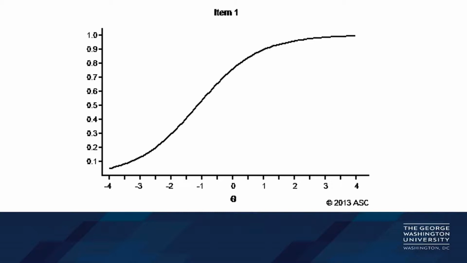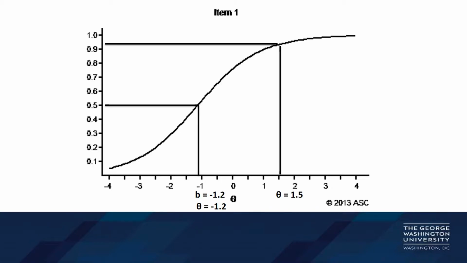This is an item that was pulled from an analysis. We see that the item, the 50% chance of getting that item correct, is at negative 1.2. If we have a theta of negative 1.2, we would be located at the same place where the item is located. Whereas if we have a theta of 1.5, we have a much greater chance of getting this item correct.